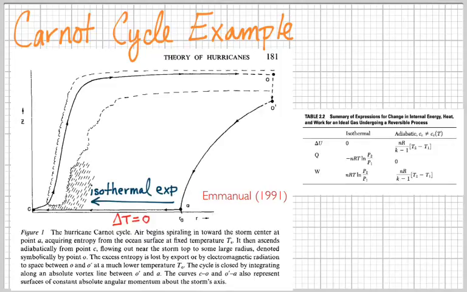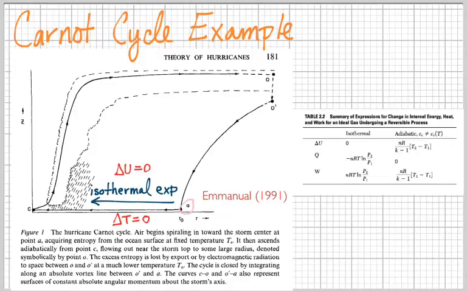So we're going to start at a point A over here that I'm circling, and you're going to start with an isothermal expansion. What happens is there is an air mass along the ocean for which we see an isothermal expansion of gas, in our case nitrogen, oxygen, and water vapor.